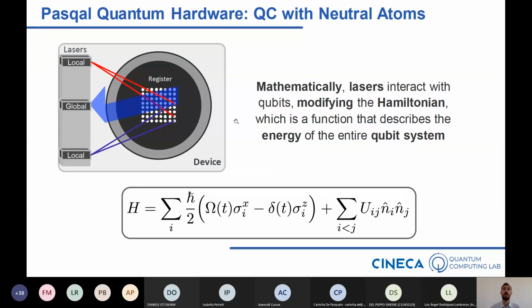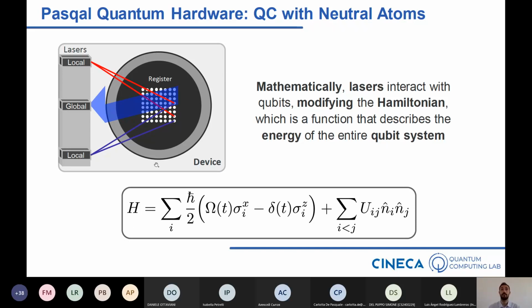We have seen before that this kind of quantum system evolves via a Schrödinger equation in time, and what determines the Schrödinger equation is exactly the Hamiltonian.